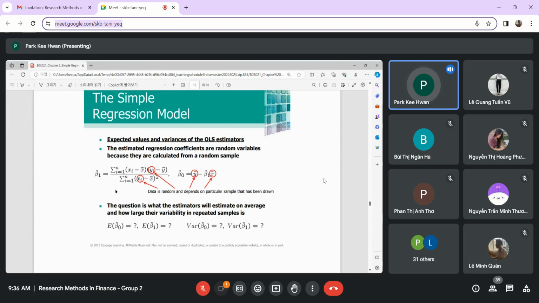Now, this is what we call the OLS estimator. You may have heard about OLS, the ordinary least squares estimator. Why do we have OLS? Because we derive this estimator by minimizing the squared residuals.